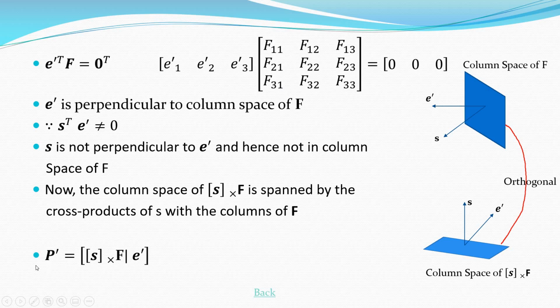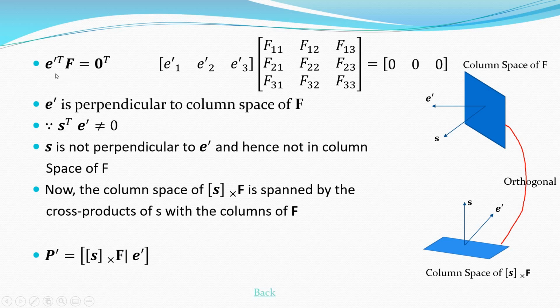Only then will this be a rank 3 matrix, because this part is a rank 2 matrix, since F is rank 2 and S is also rank 2. So the multiplication of these two matrices will be a rank 2 matrix. There are only two linearly independent vectors in this matrix, and if E dash also becomes a linearly independent vector, then only will P dash be a rank 3 matrix. So this is the condition that we have to prove. It is a very simple proof.